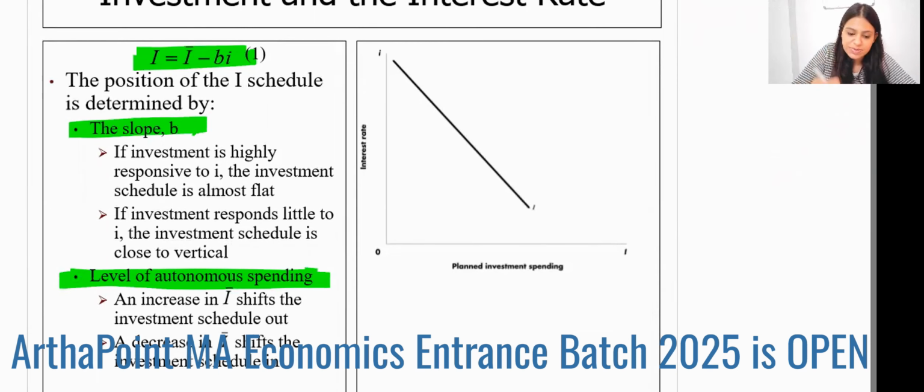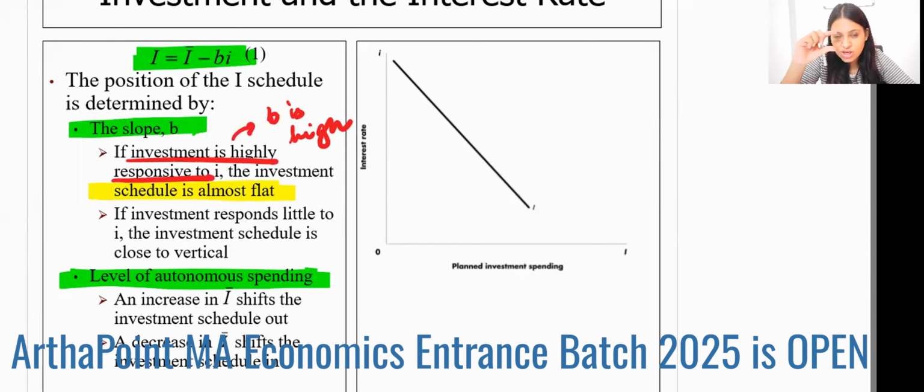Slope has two aspects to it. If you are highly responsive to interest rate, which means if B is high, then investment schedule is flat, because for the same change in interest rate, there is huge decrease in the investment whenever interest rate increases. So if B is high, then investment function is flatter.